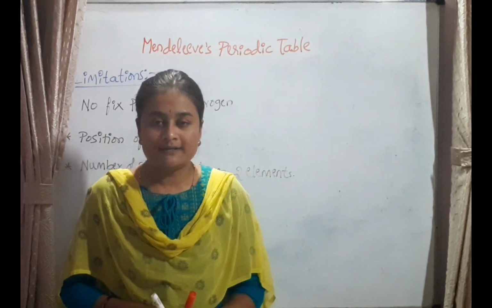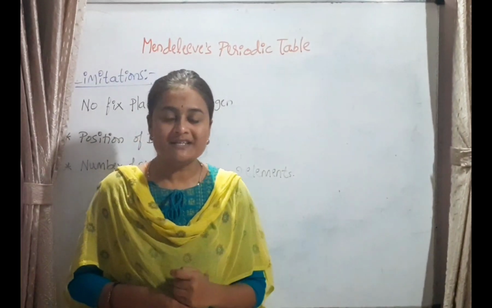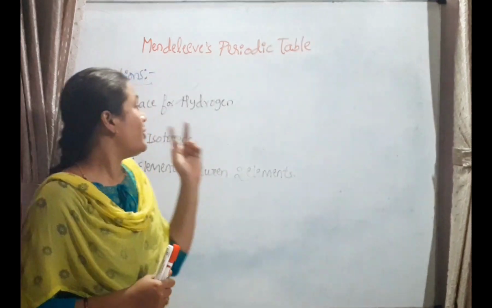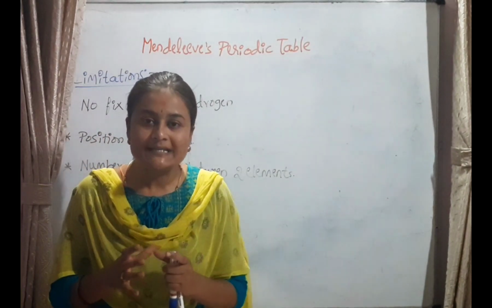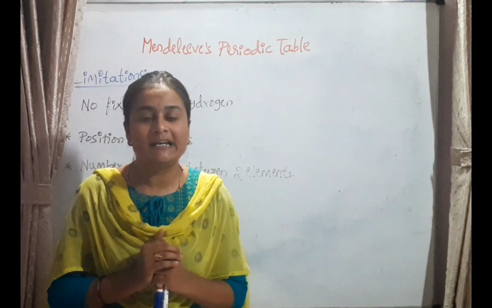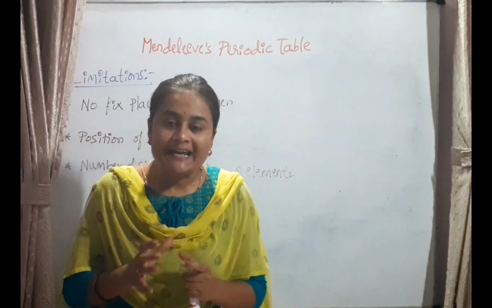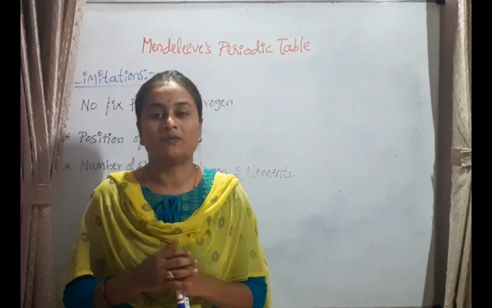Now, we will discuss some of the limitations of this Mendeleev's periodic table. The first limitation is about the place for hydrogen. That is, no fixed place for hydrogen. In Mendeleev's periodic table, he placed hydrogen in group 1, that is with alkali metals. It shows similar properties to those of alkali metals, that is, like alkali metals, it combines with halogen, sulfur and oxygen and forms compounds.